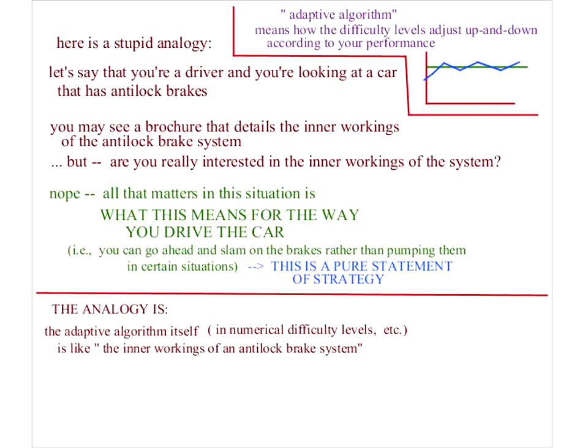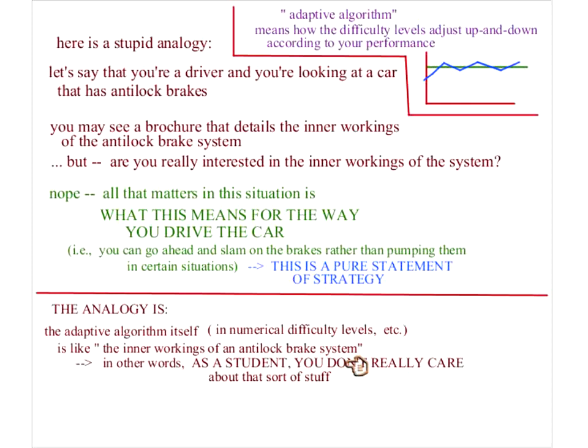In other words, as a student, you don't really care about that sort of stuff. This is going to be a very surprising statement to a lot of you out there. But as a student, you shouldn't really care about the adaptive algorithm itself unless you write exams.